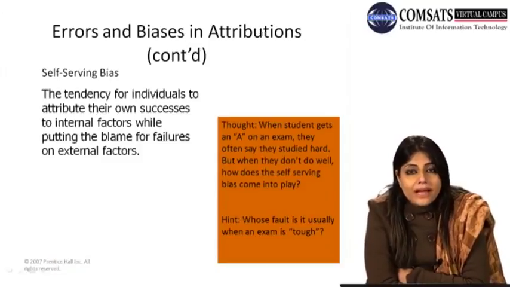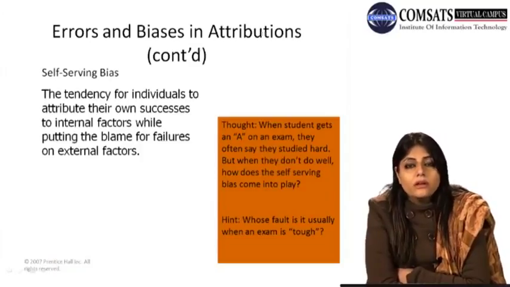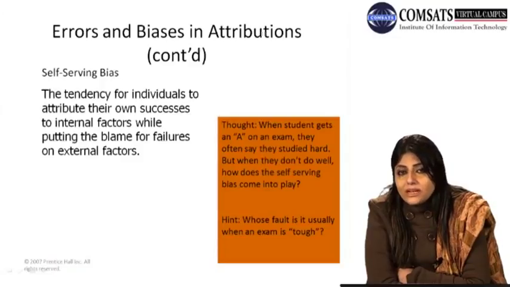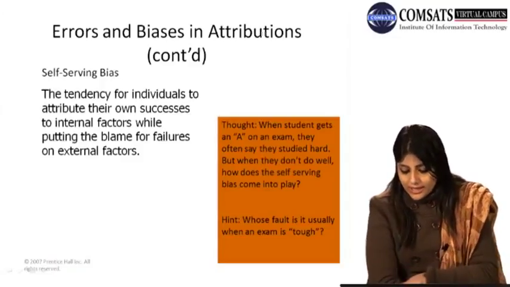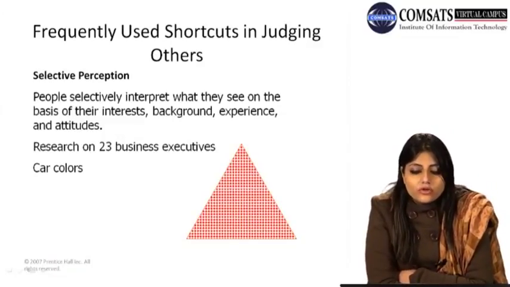And when the paper goes bad, we usually say that the paper was very tough and it's the teacher's fault for making a tough paper, right? So our successes we attribute to ourselves, and our failures we attribute to the external environment or the external factors.